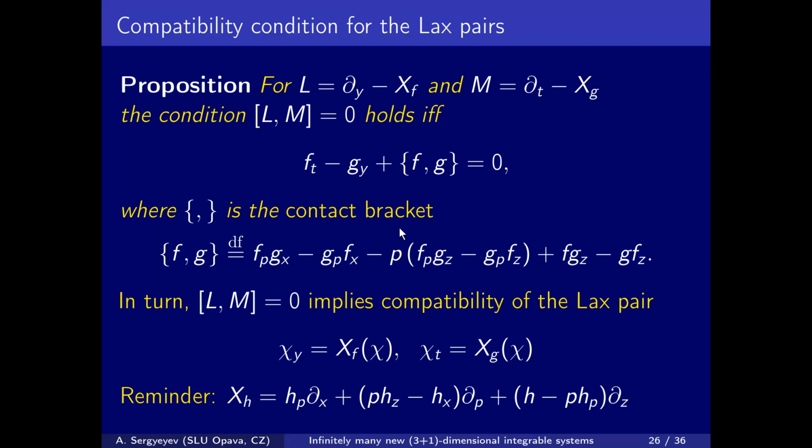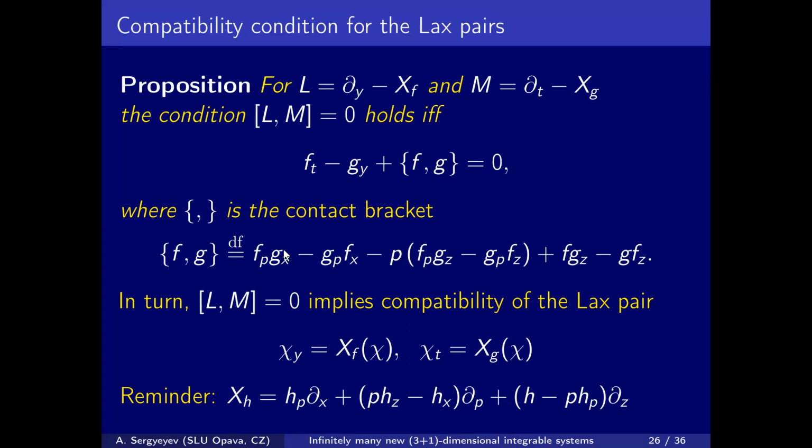When we write down the condition that the commutator of L and M vanishes for this particular choice of L and M, it is actually equivalent to the following condition, which is easier to deal with, namely this one here.